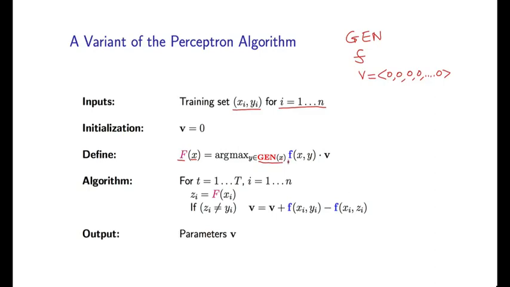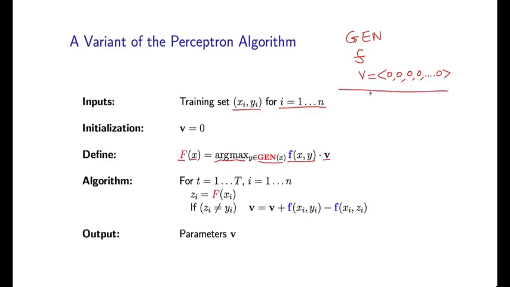For each structure we can calculate a feature vector, f of x and y, and we take the inner product with v to calculate the score for that structure, and we take the highest scoring member of GEN as the final output of this model. Initially, when all these parameters are 0, all of these structures are going to have score 0, and so this is going to be a tie. Let's just assume in that case we have some arbitrary way of choosing between the tied members in the argmax. That's a minor detail.